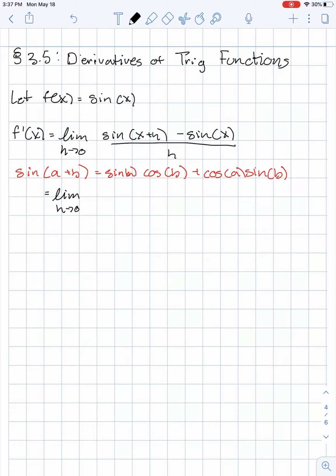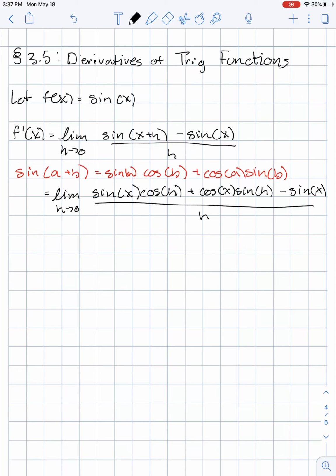So we can use that to rewrite this limit as h goes to 0. Instead of sine of x plus h, we'll have sine of x cosine of h plus cosine of x sine of h, minus sine of x, all over h.